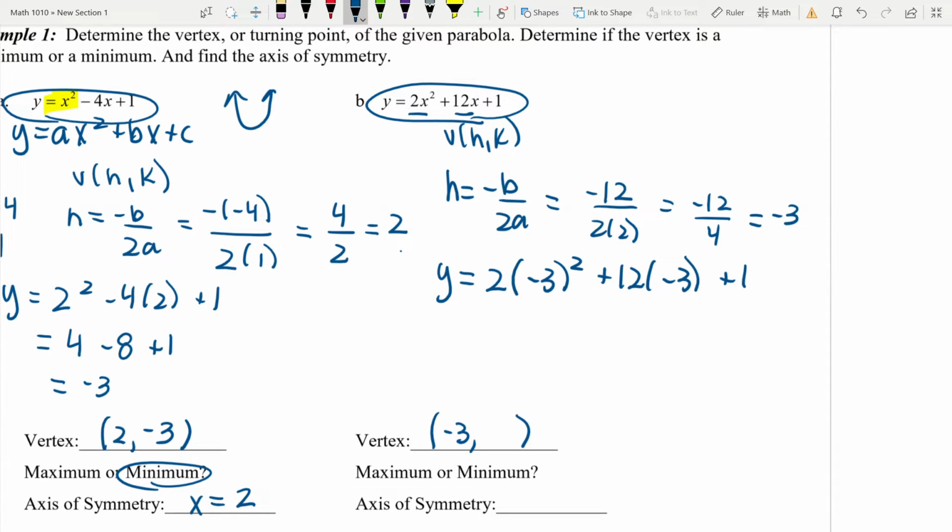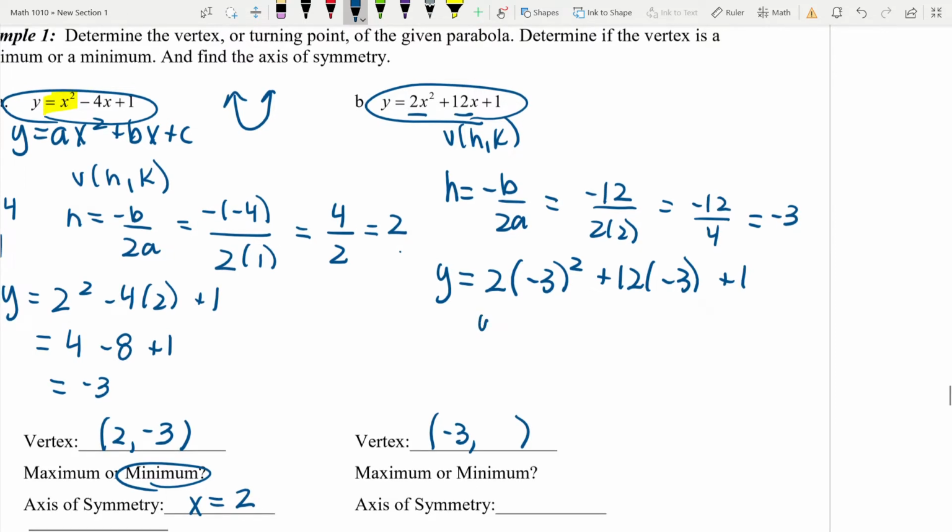And let's just put the whole thing in our calculator. But you would have to write that down. Okay, so everybody go 2 parentheses, negative 3, close it off, x squared, plus 12 parentheses, negative 3, close it, plus 1, hit enter, and I get y equals negative 17. So I'm going to come right there, and I'm going to put that as the y coordinate of my vertex.